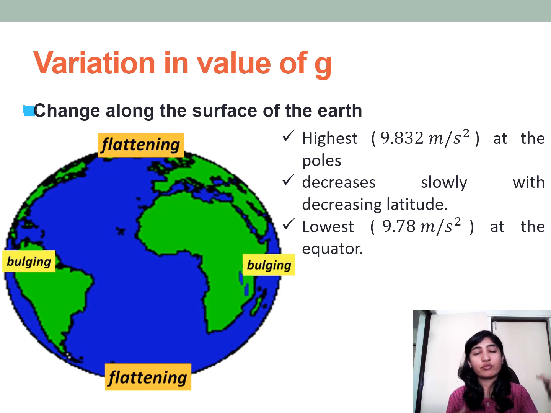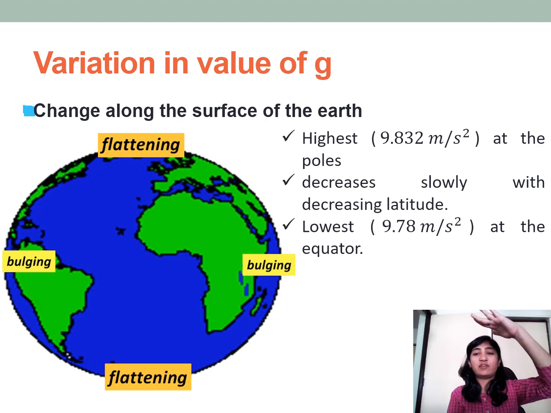Because of the continuous rotations and revolutions for many millions and billions of years, the shape of the Earth has somewhat changed. The Earth is flat at the poles and it is bulged at the equator. You can see this from the diagram, right?